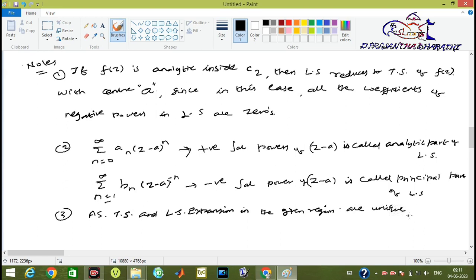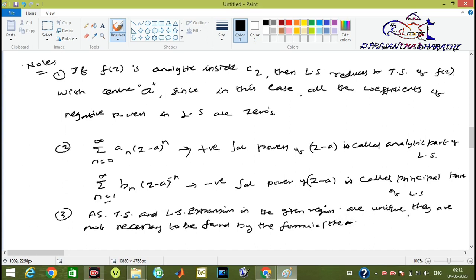They are not necessarily found by the formula or theorem. The Taylor series theorem represents the Taylor series expansion, and the Laurent series theorem represents the Laurent series formula.